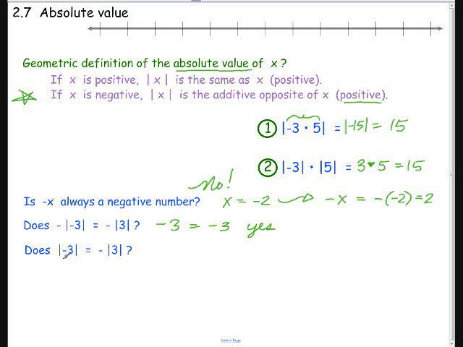Does the absolute value of negative 3 equal minus the absolute value of 3? Let's try it. This would be a 3, and the absolute value of 3 is 3. You'd end up with something which was not equal. So in this case, no.